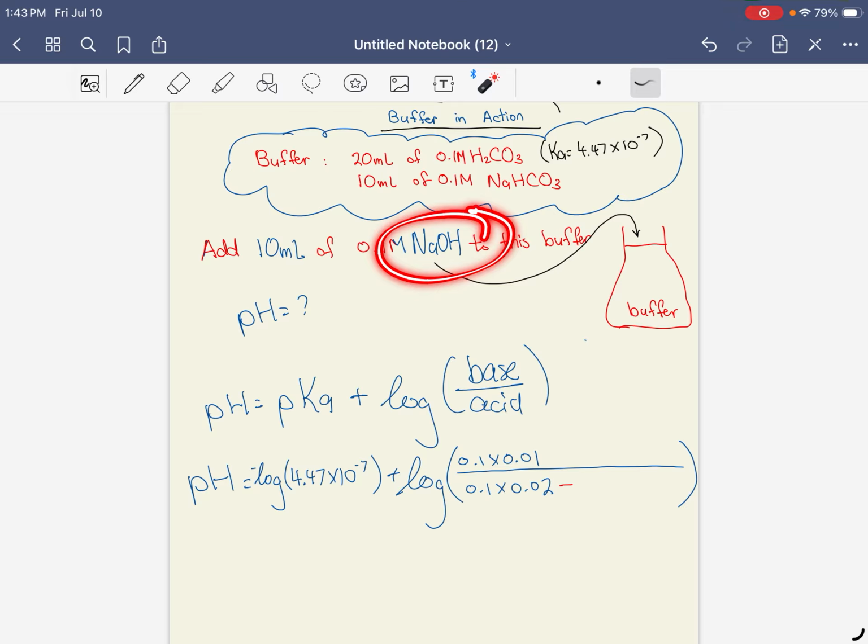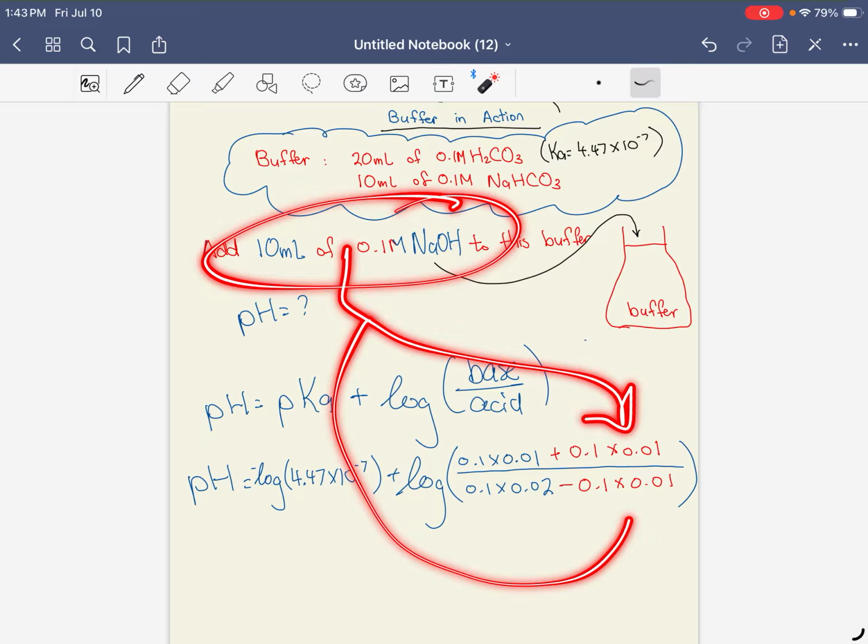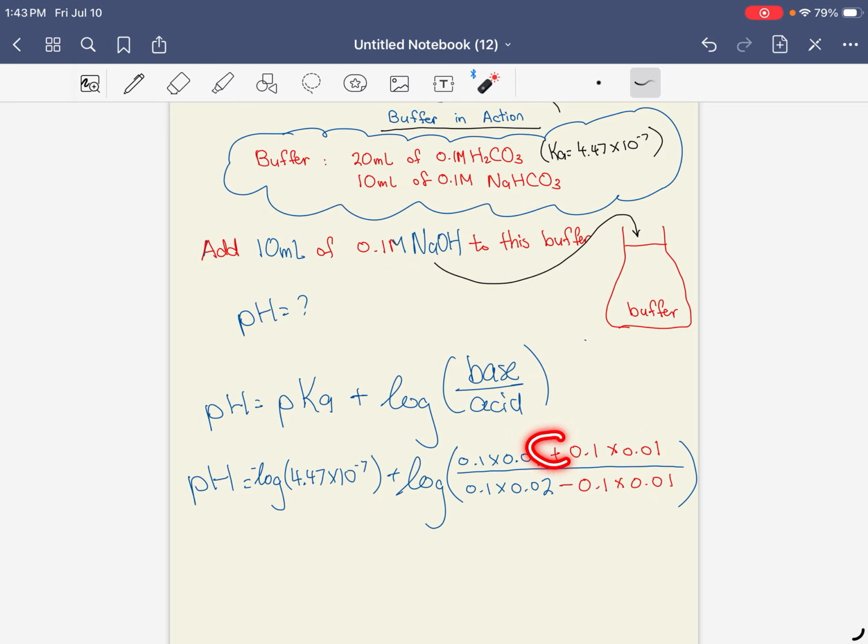That's why the denominator here is going to be less. Because you're adding a base, there'll be more base. See the idea is reversed. So we're going to put in the moles of NaOH here and here. Make sure you know why this is plus and why this is minus.